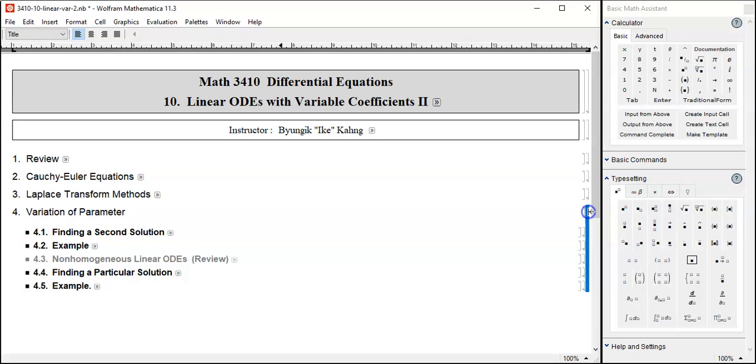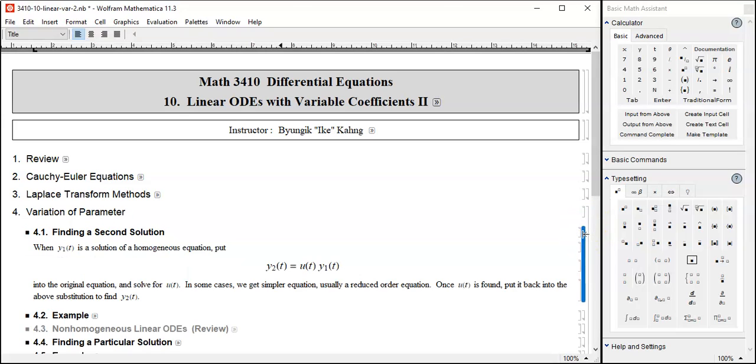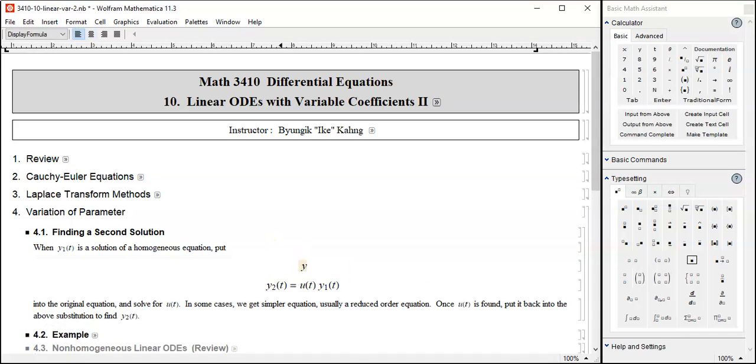We completed one type of variation of parameter problem, which is also called reduction of order problem. Suppose that we have one solution of a homogeneous linear ODE and we are looking for another solution. We begin with a linear combination, y2 is C times y1.